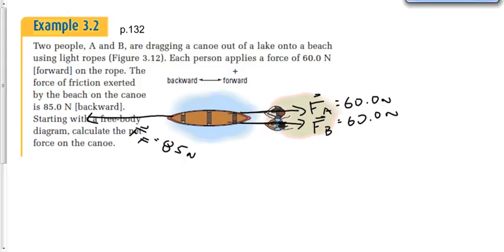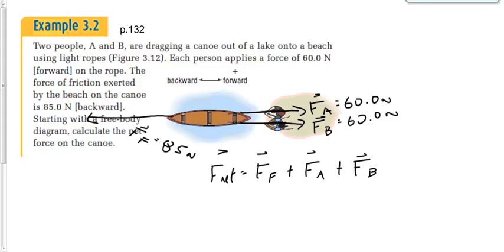Now I've got my three forces drawn. There is gravity, there is the normal force, but they cancel each other out, so we're only worried about these ones. Let's set F net equal to the sum of the forces, FF plus FA plus FB.